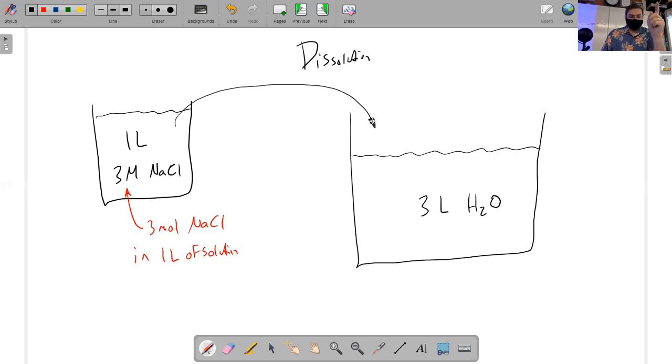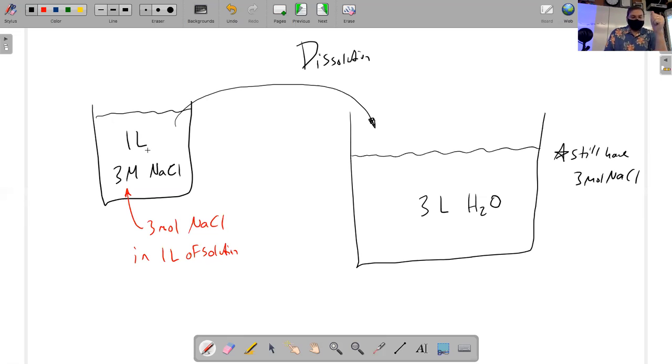The one thing that's still the same is I've still got the same amount of sodium chloride. The amount of sodium chloride hasn't changed. I haven't made salt disappear or have new salt show up. The quantity of salt is exactly the same. So if I dump this solution into here, I still have 3 moles of NaCl.